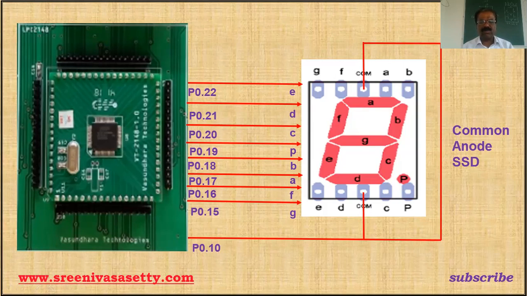Suppose you want to arrange numbers in ascending order, we require some algorithm like bubble sort that remains constant everywhere. But here it is not like that. Here I'm using common anode 7-segment display. Suppose in your college they are using common cathode 7-segment display, or some other port, suppose port 1, or starting from P0.0 to P0.7.